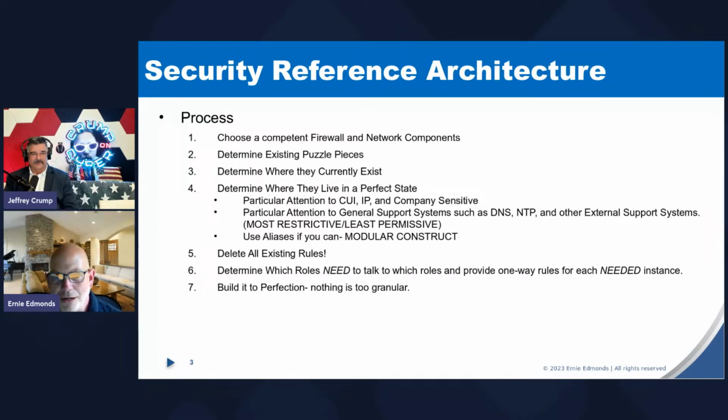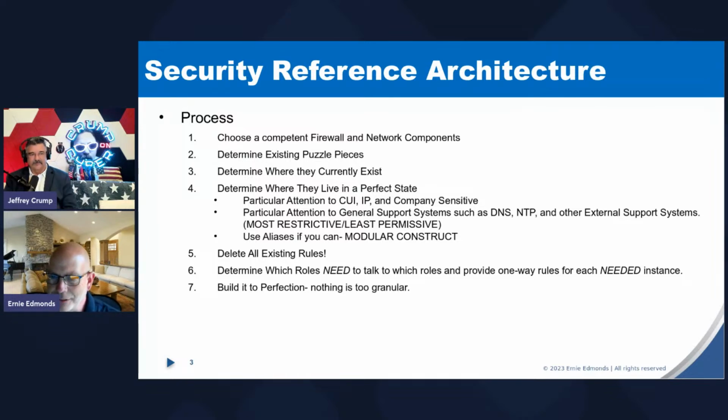Then you're going to also look at your general support systems like we talked about. So regular DNS, when it's insecure, it's good to have DNSSEC or some other form of secure DNS. Then there's NTP. You've got to set the clock, so make sure everybody's pointing to the same strata there. External support systems: are you using something like third-party Microsoft platforms like OneDrive or Google Drive or something like that, even SharePoint or anything like that?